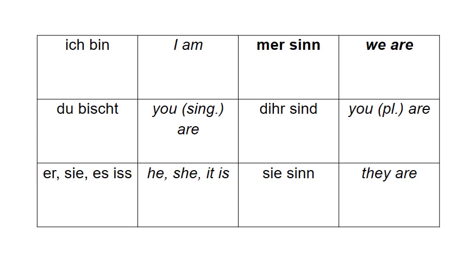Mir sin means we are. Mir means we, and sin means are. Mir sin. We are. Dir sind means you are, you plural or y'all. Dir means you plural, and sind means are.